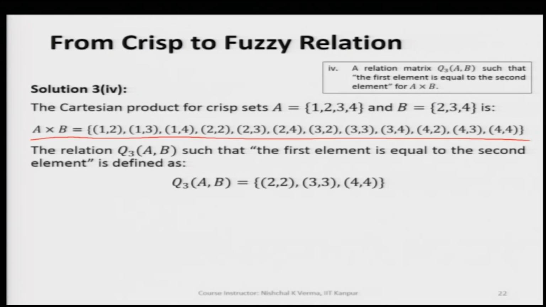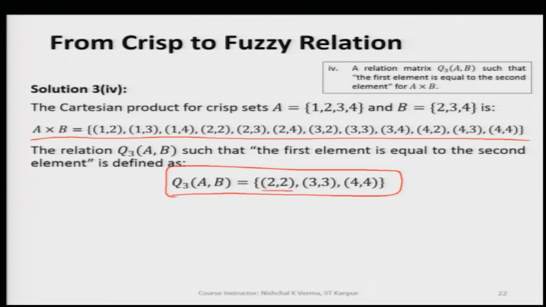If we apply this, we get the pairs 2 2, 3 3, 4 4 as the elements of Q 3 A comma B, which satisfy the condition that the first element of these pairs is equal to the second element. So, Q 3 A comma B has only 3 elements: 2 2, 3 3 and 4 4.